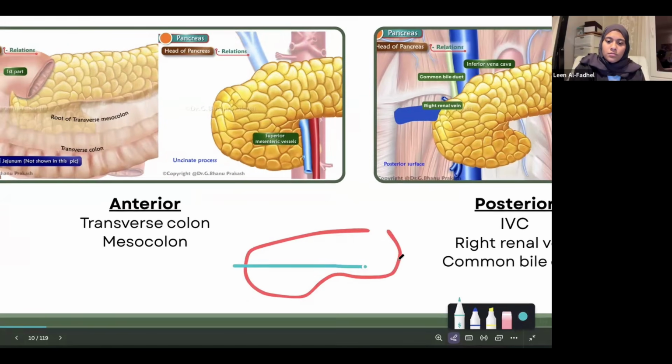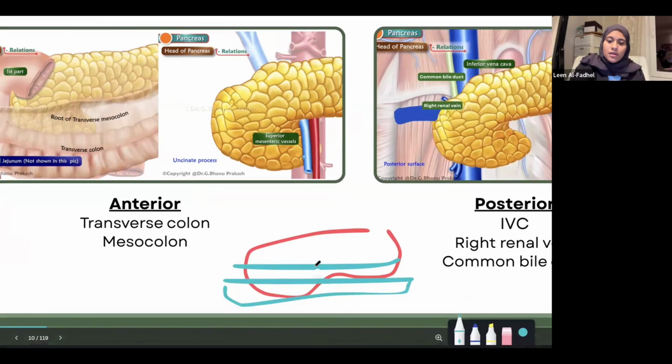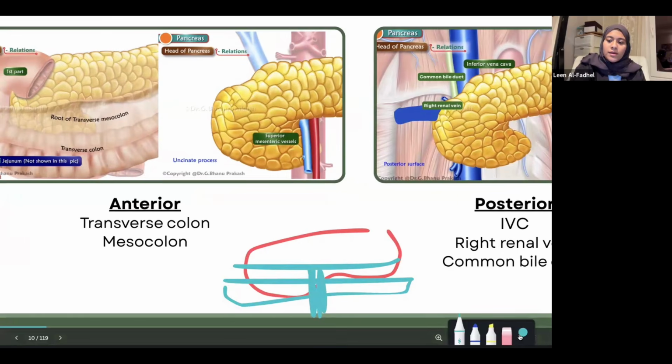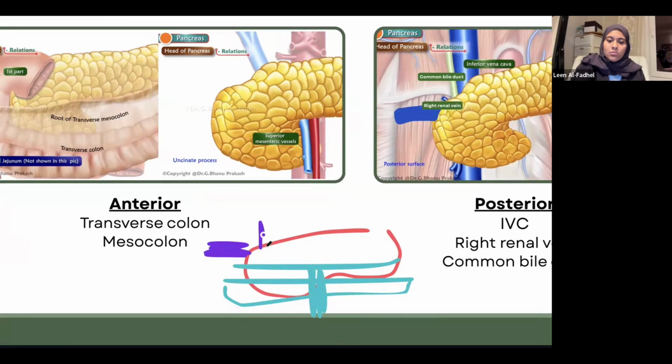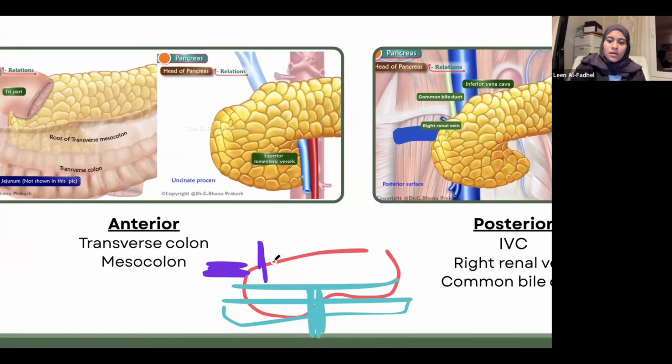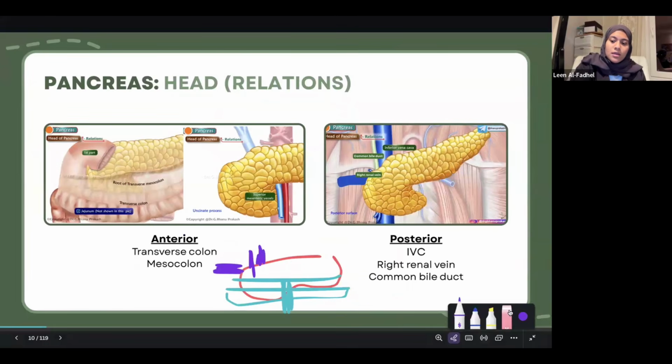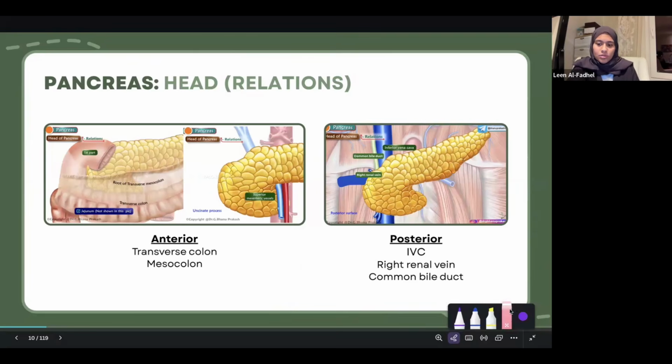I find the root of the mesocolon, I find the mesocolon itself, and I find the superior mesenteric vein and superior mesenteric artery. What is behind it? I will change the color for posteriorly. Posteriorly, I find the right renal vein, I find the common bile duct, and I find the IVC. Now, if I show this image to anyone, it won't make sense for anyone, but it will make sense to me because I drew it. And that's what matters in anatomy.